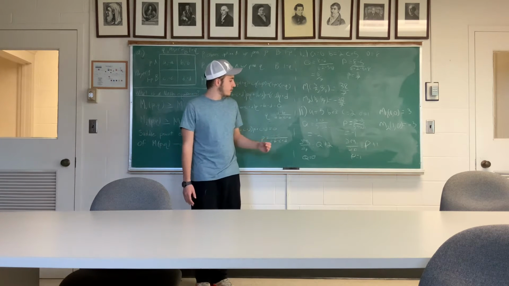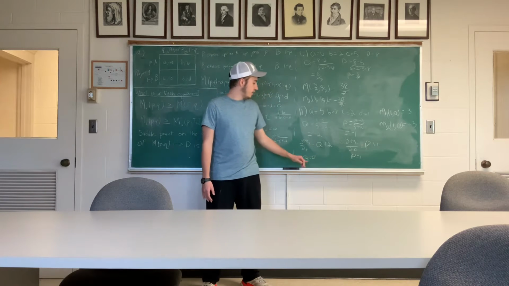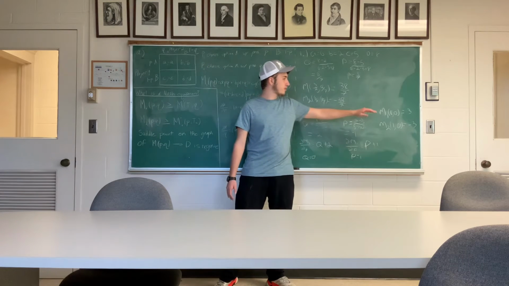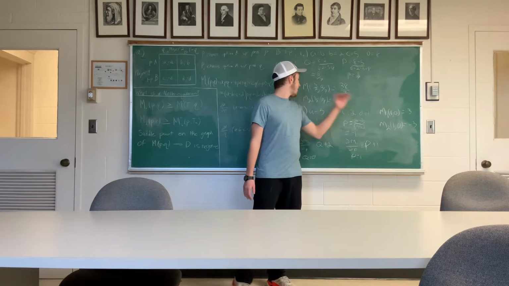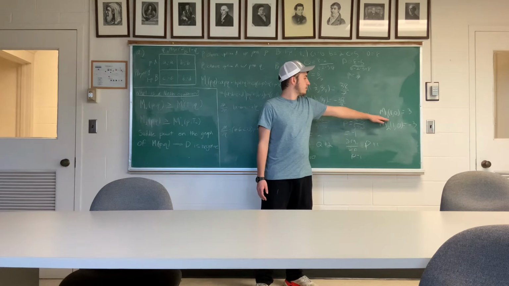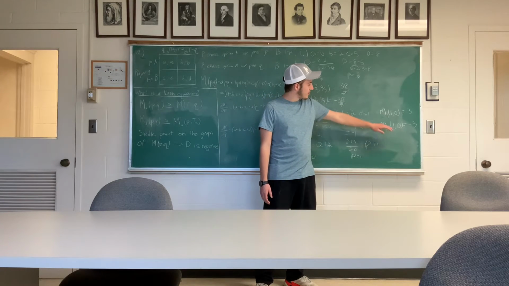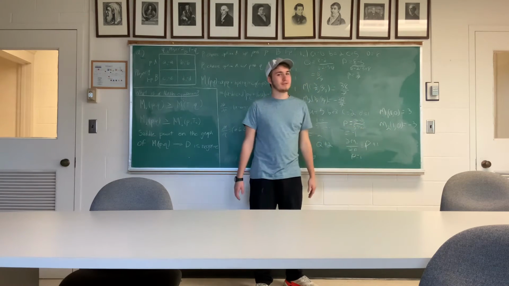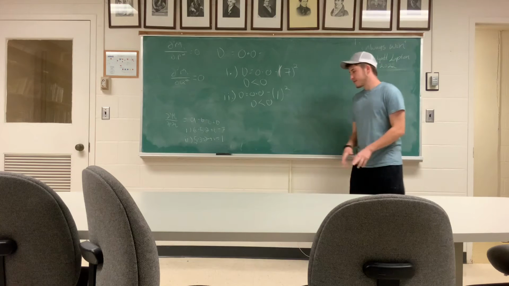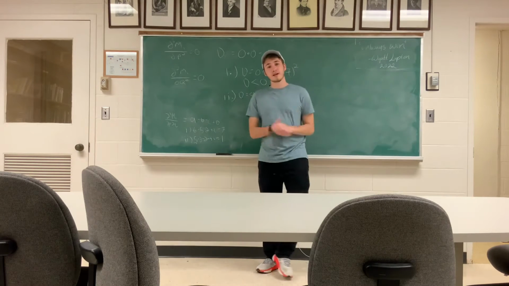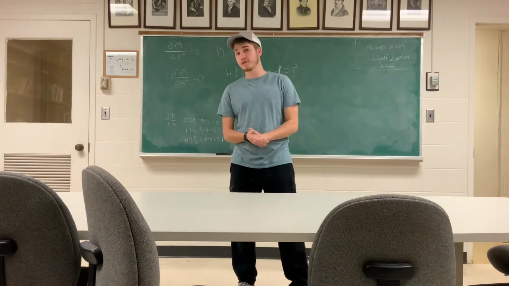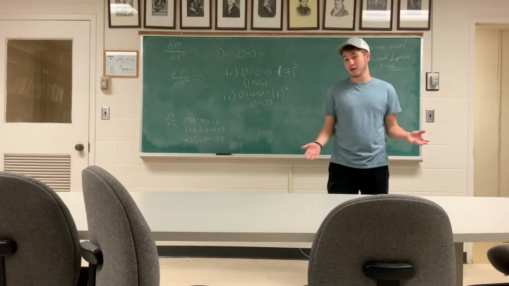Plugging in our new values of P equals 1 and Q equals 0 into our equation for the payoff for player 1 yields the result of 3, and it gives us the result of -3 for the payoff for player 2. To find out if this is truly a Nash equilibrium, we have to find out if this point is truly a saddle point.